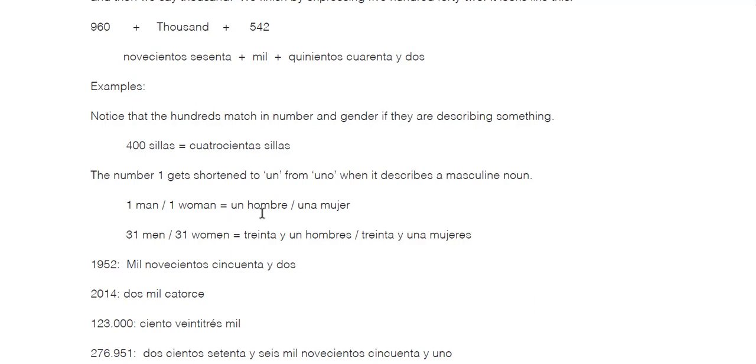If we're describing a masculine singular noun, and we're using the word one, or 21, or 31, or 41, all the way up to 91, we'd say like 31 hombres, 31 mujeres.